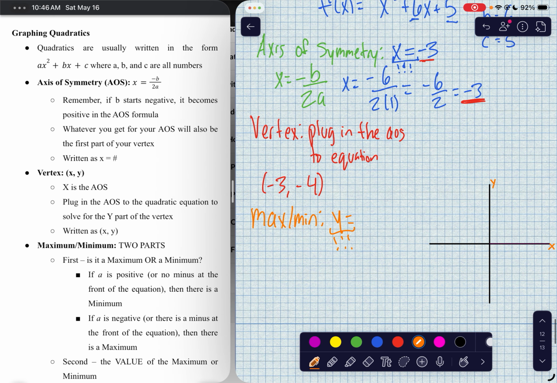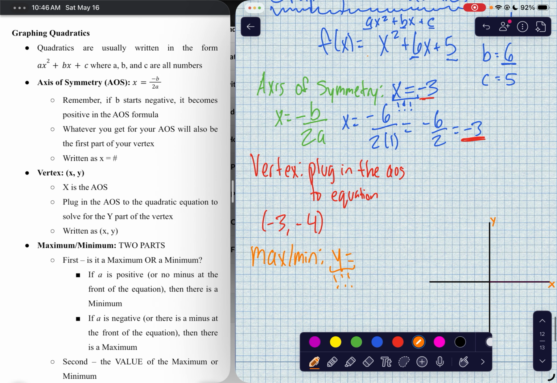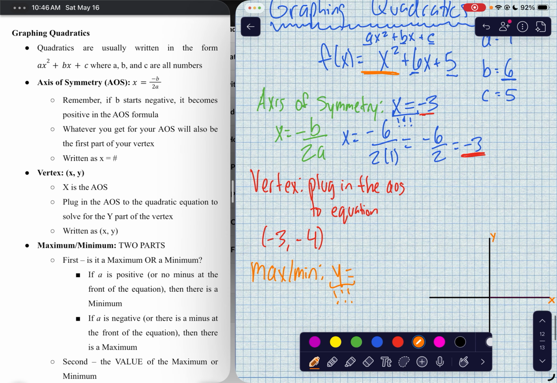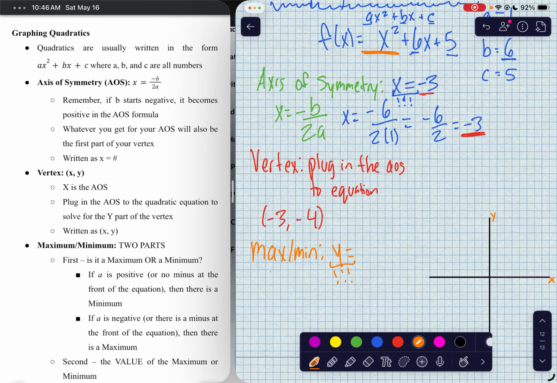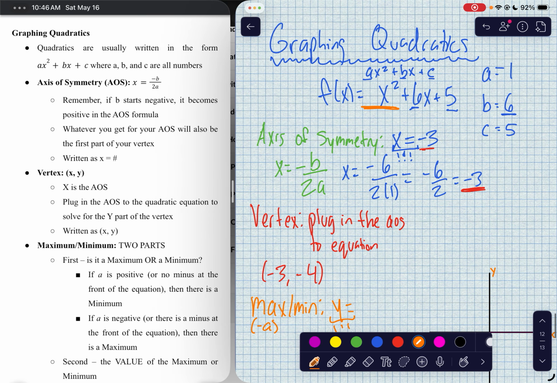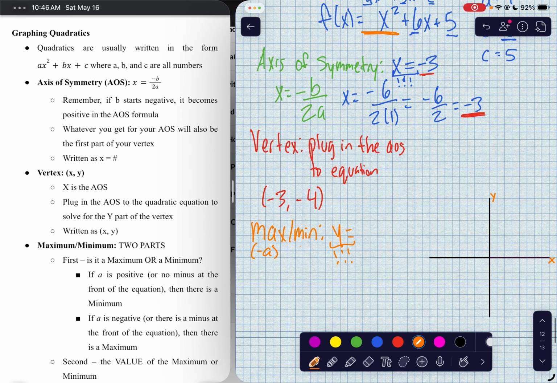So, to tell if it's a maximum or a minimum, we need to look at the first term, the ax squared part. Now, if there is a minus in front, right, if a is negative, then we have a maximum. If there's no minus in front here, then we have a minimum, just plain x squared.